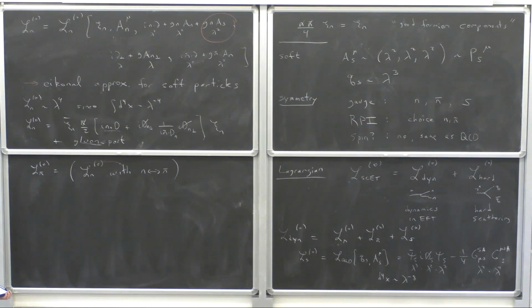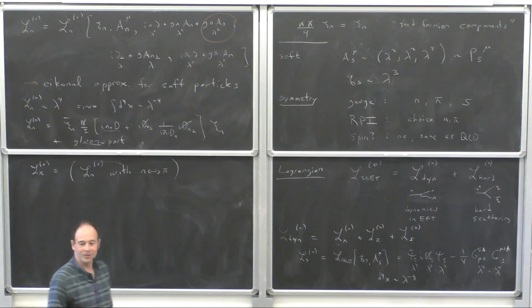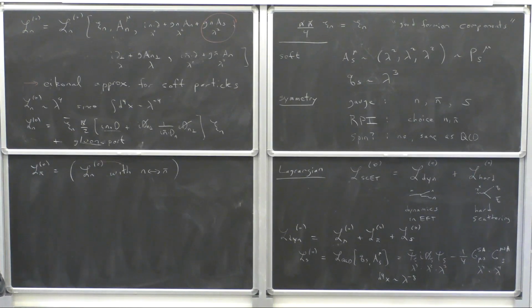If you ask what's going on with this soft field, it's a long wavelength mode. So let me give you the physical picture. This soft field is very long wavelength. It's got a very small p squared. And the collinear is also small, but not as small as the soft. So when you're looking with soft gluons at the collinear, it just sees the overall picture of what's going on with the collinear.